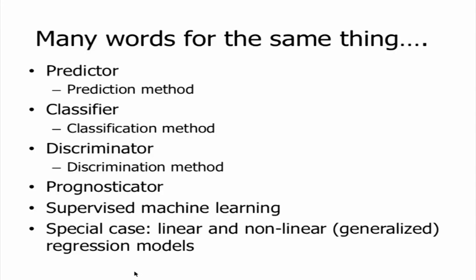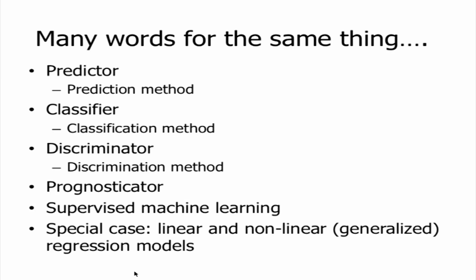There are also many terms for describing prediction methods. There's the one term I mentioned, prediction method, then classifier, discriminator, prognosticator, supervised learning, and then also regression techniques are also prediction methods.